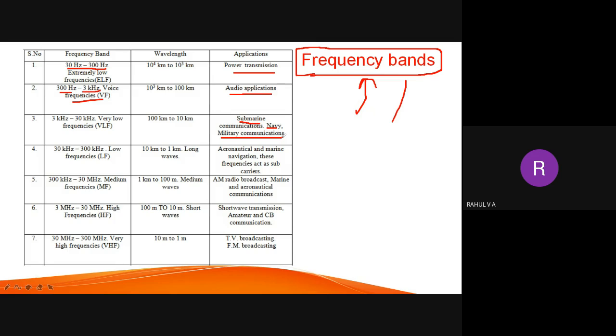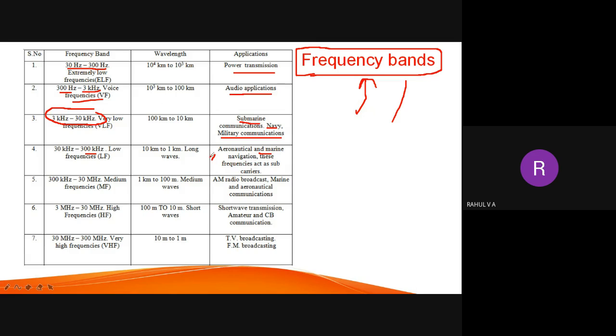Okay, this particular frequency, 3 kilohertz to 30 kilohertz, we should not make a device within that frequency. It is only for that particular application, submarine communication and navy military communication. Then 30 kilohertz to 300 kilohertz is aeronautical and marine navigation.